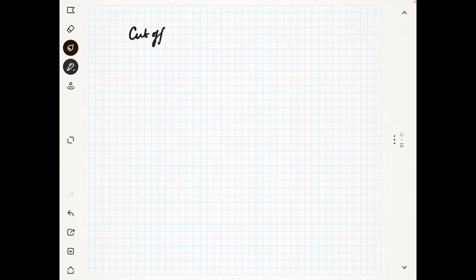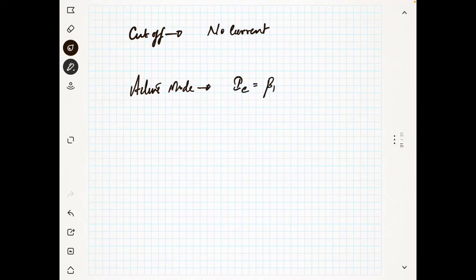So I want to just remind you that in cutoff mode, there is no current. In active mode, the current IC is equal to beta DC times IB. And in saturation mode, what will be the current?